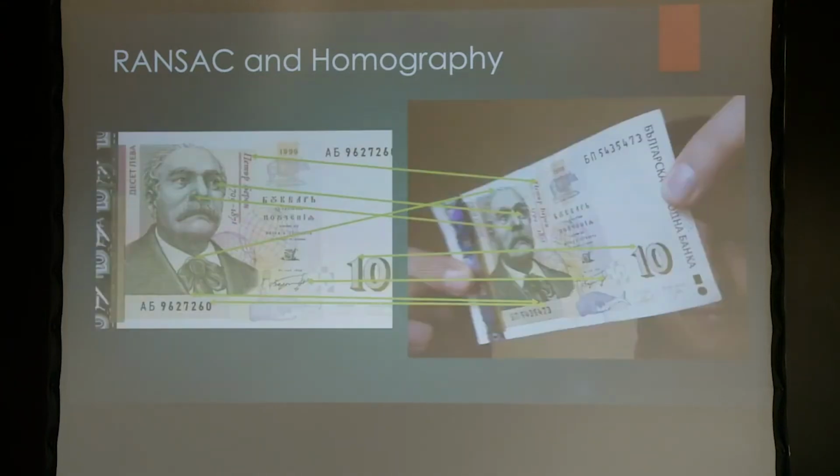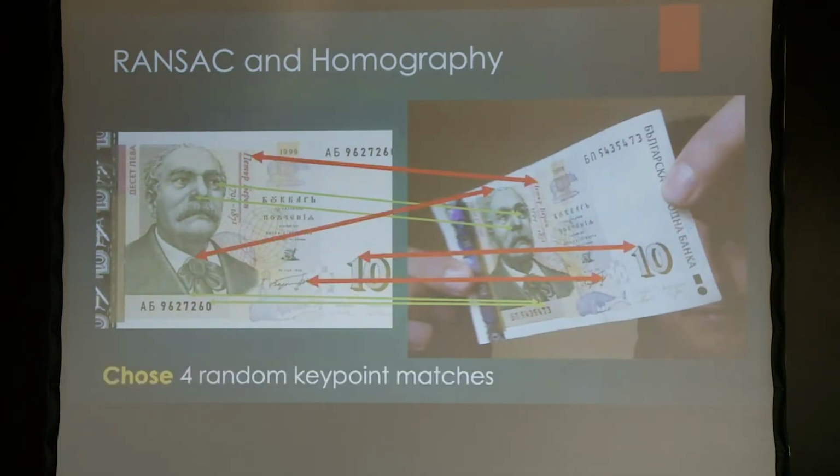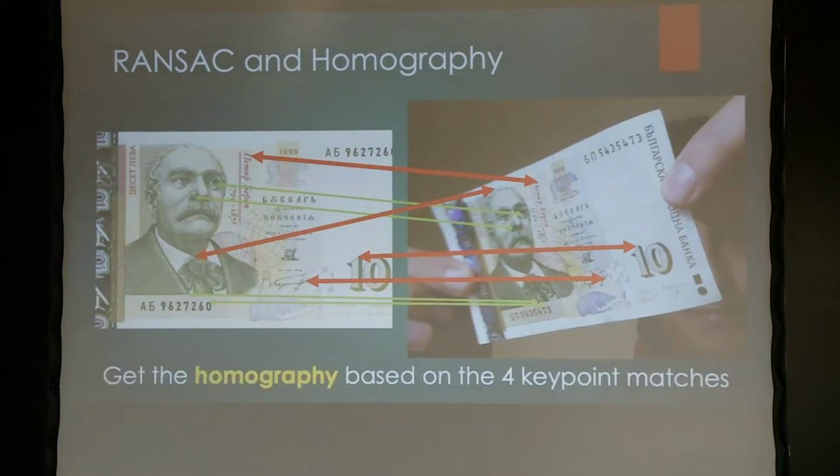How do we do that? Well, we're going to do random sampling. Let's first just pick any 4 pairs, because we know that 4 pairs can uniquely identify a homography. Let's pick any 4 key point matches, for example, these 4. Then let's find the unique homography that covers these 4 pairs.